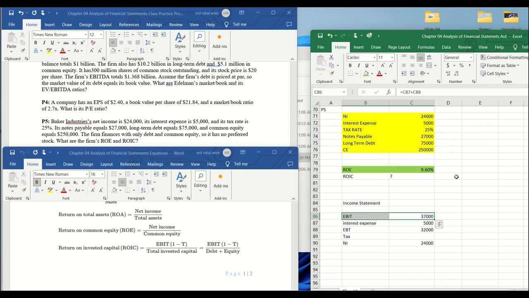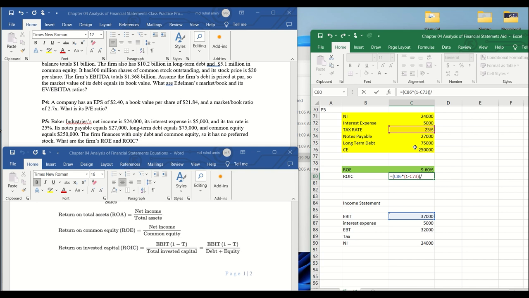Okay, EBIT. Now ROIC is the formula EBIT times 1 minus tax rate, then divided by debt plus equity. So how much is our debt?